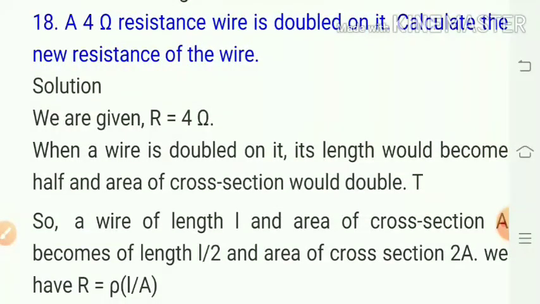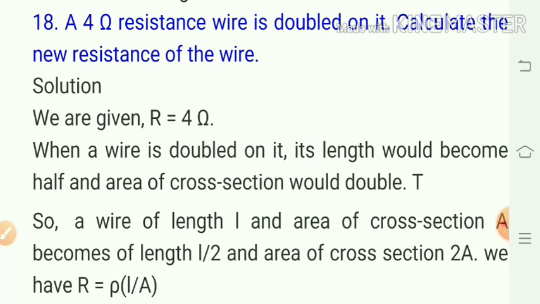A 4 ohm resistance wire is doubled on itself. Calculate the new resistance of the wire. Given that the resistance is 4 ohm, when the wire is doubled on itself, its length becomes half and its area of cross section doubles.